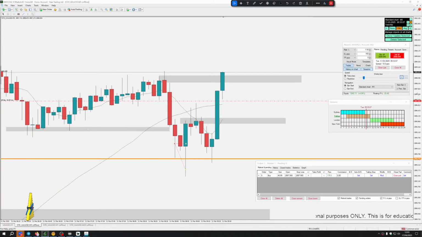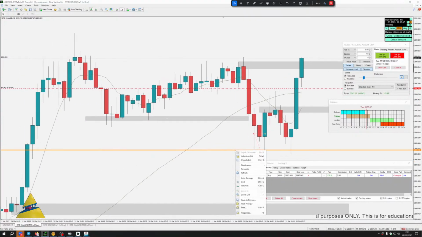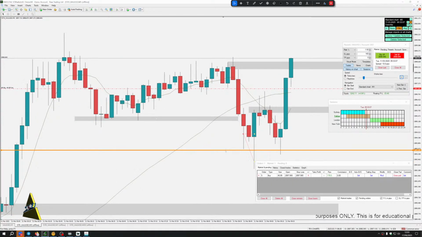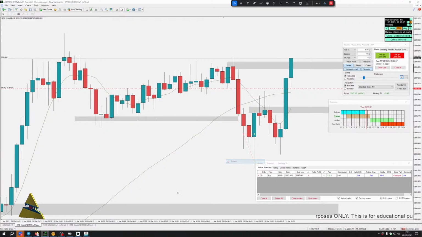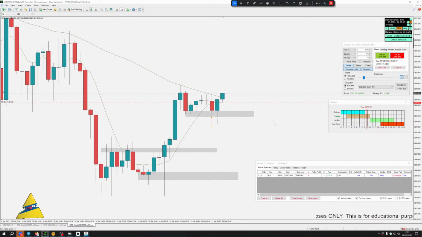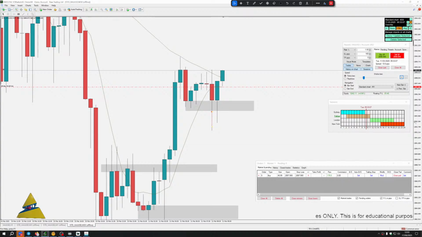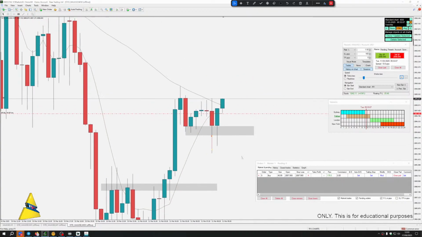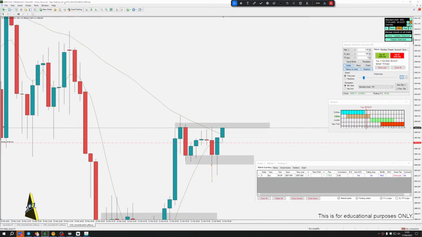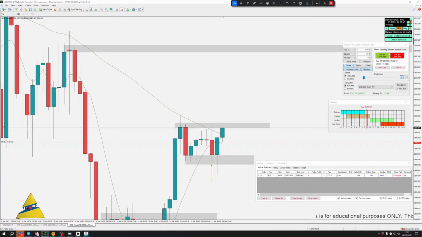Because the confluence I'm looking for on this trade is a potential fake out that we got. If you look at the 30-minute time frame, look at the way the 30-minute candles have wicked down below this area over here. And you have 30-minute resistance, and another 30-minute resistance all the way up here towards 2908.